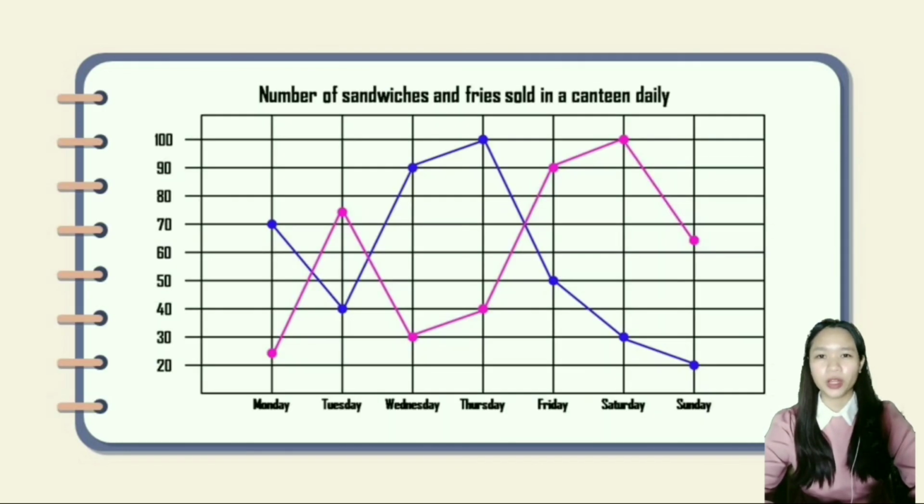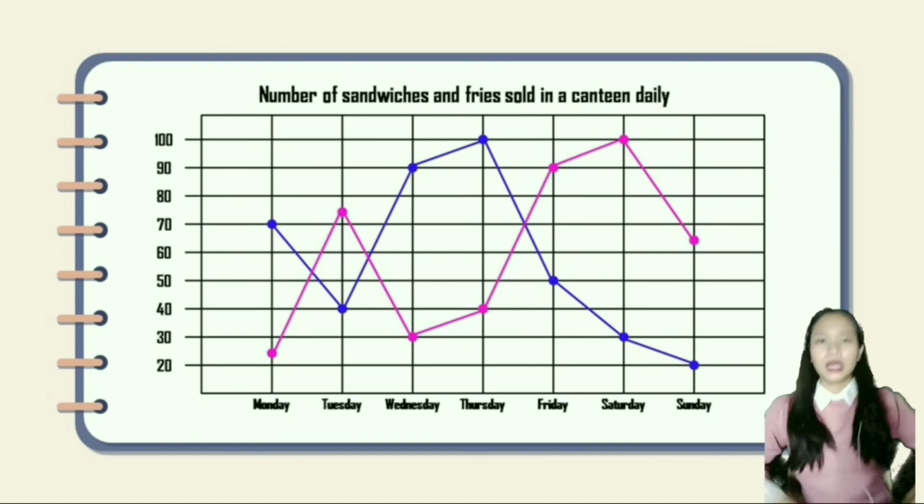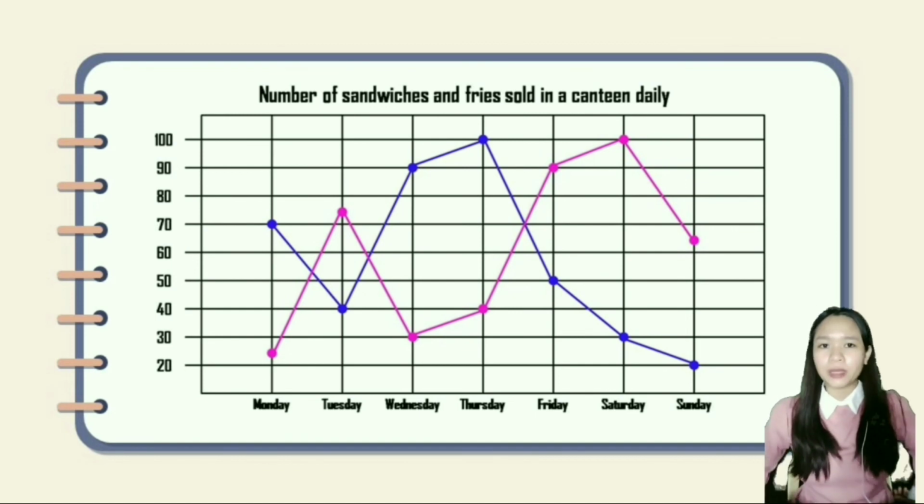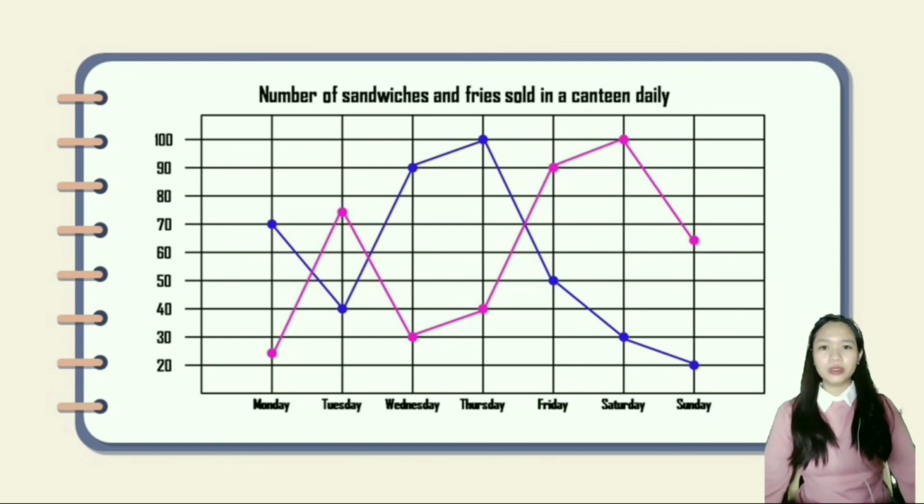Correct, 54. So where are we going to plot a point? Correct, in the middle of 50 and 60. If the line goes up, it means an increase in value. While if the line goes down from the previous point, it means a decrease in value.